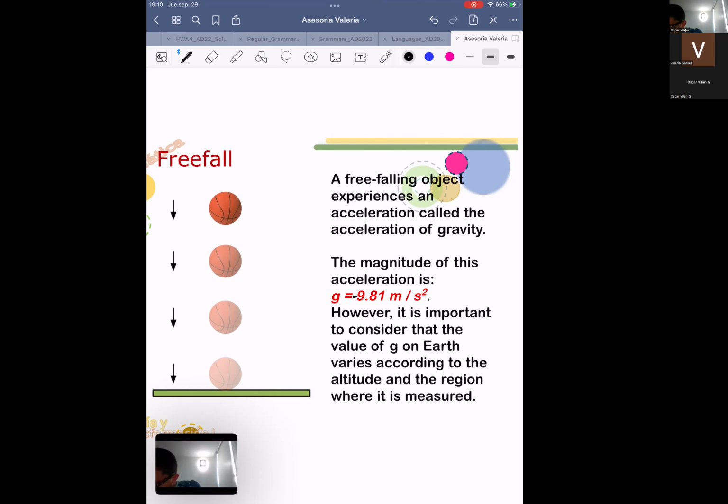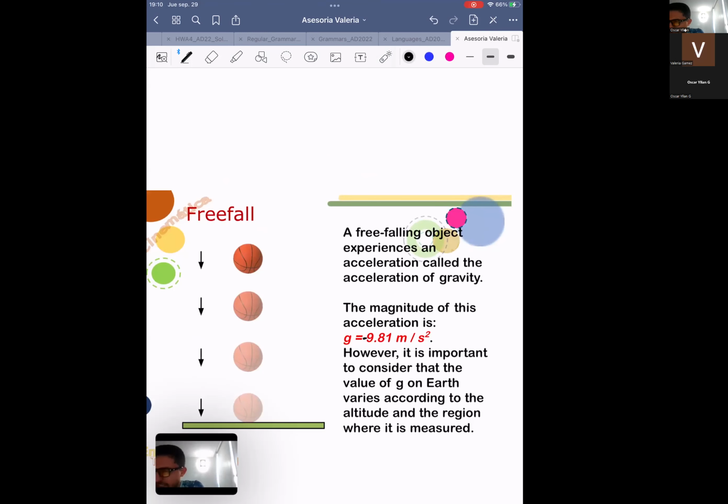Well, negative, because remember, like in mathematics, we have x, y. We have positive x when we are talking about forward, and positive y when we are talking about upward.